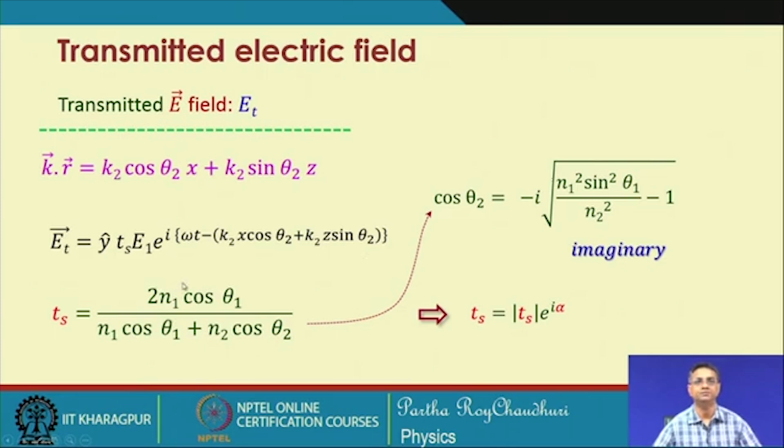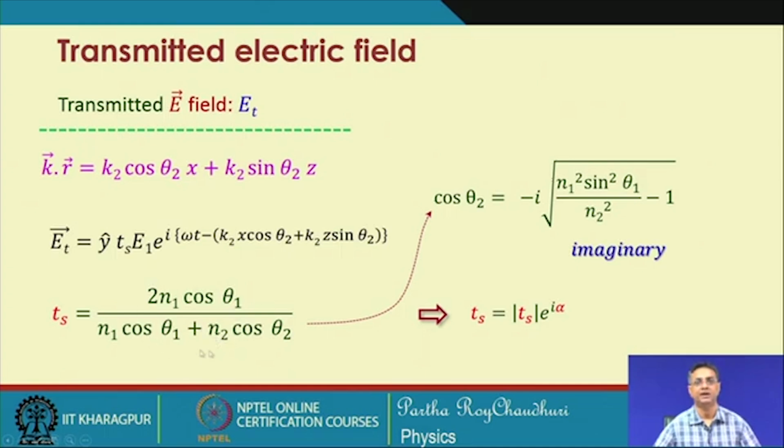So, we can write this, and it is also known that the value of T s is twice n 1 cosine theta 1 by n 1 cosine theta 1 plus n 2 cosine theta 2. If we substitute the value of cosine theta 2 that we have assumed here, then because cosine theta 2 itself is imaginary, this T s becomes an imaginary quantity, and that adds an additional phase.